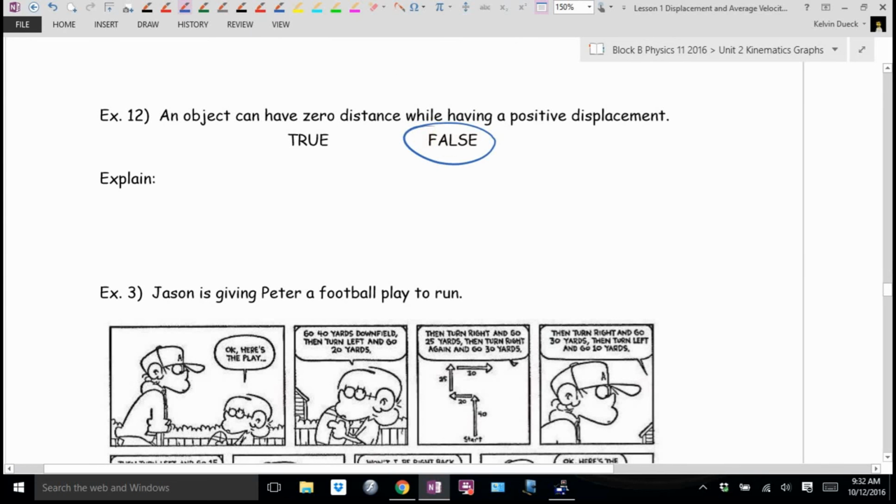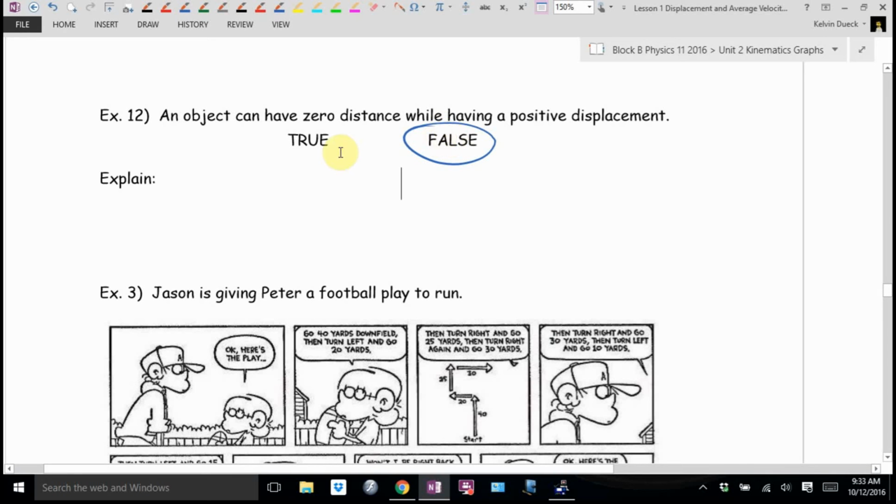I think false. I think you can have a positive distance while having a zero displacement. In fact, technically, race cars, their displacement is always going to be zero because they start and end at the same location. Their distance is like several hundred miles. But that's not how we measure it, though, right? Yeah, Jason.